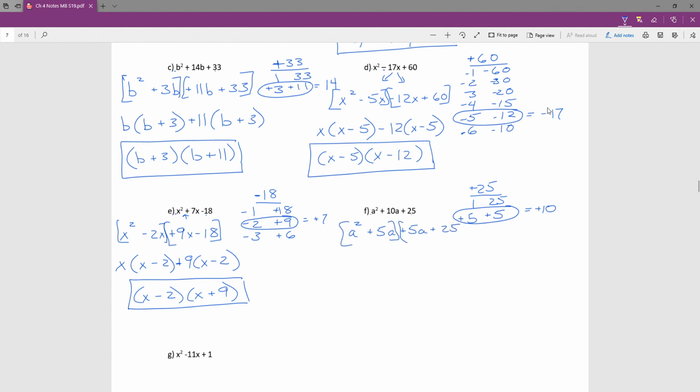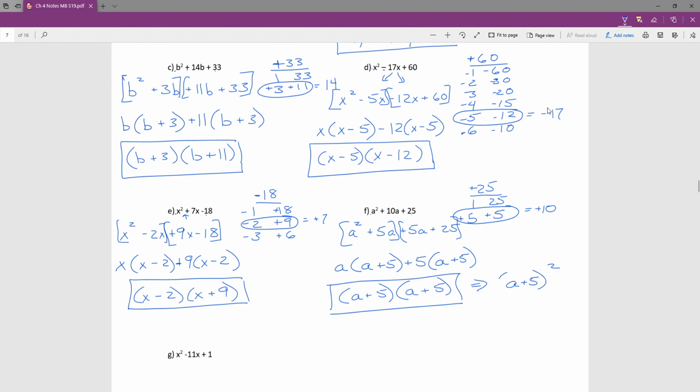I'm going to factor by grouping. I pull out my common factor of that binomial, and then in the second bracket, I put what's left behind. I get a plus 5 and a plus 5. Now you could say that that's a plus 5 squared. That's the same answer.